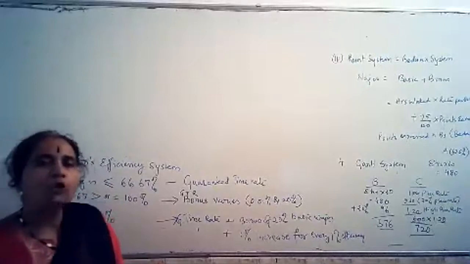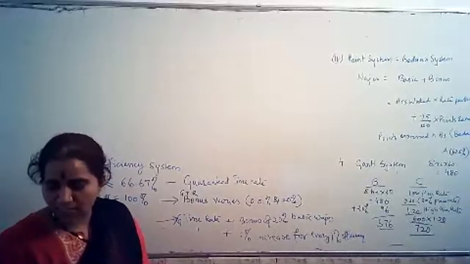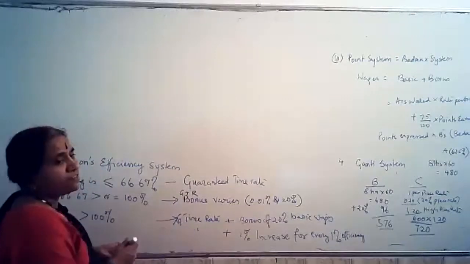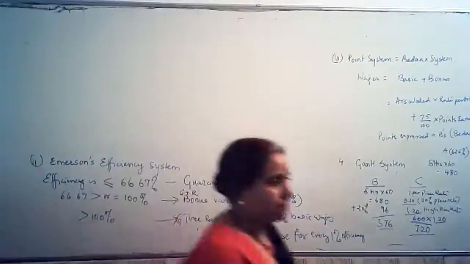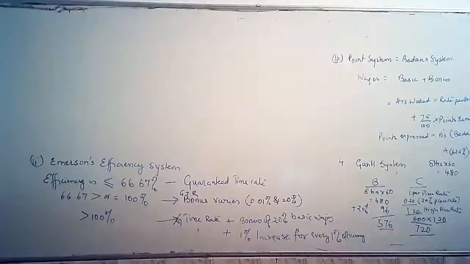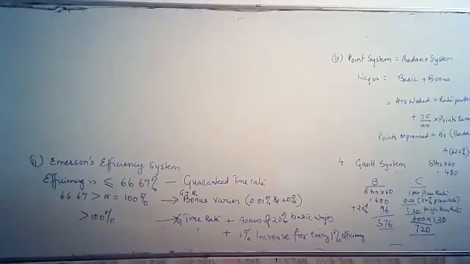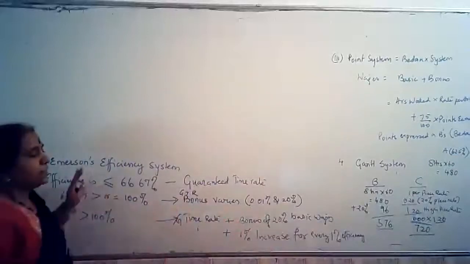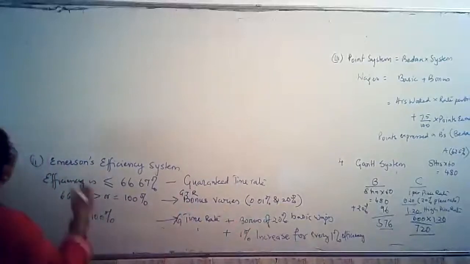So our standard output per day is calculated and multiplied by 6 to get the weekly standard output. So first and foremost, calculate the important information required for the problem.